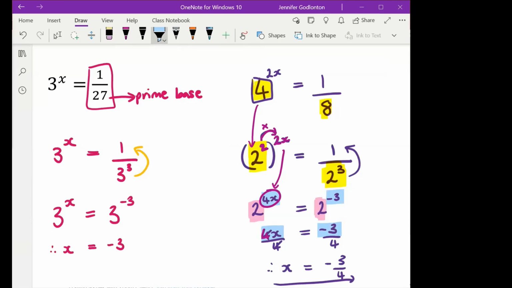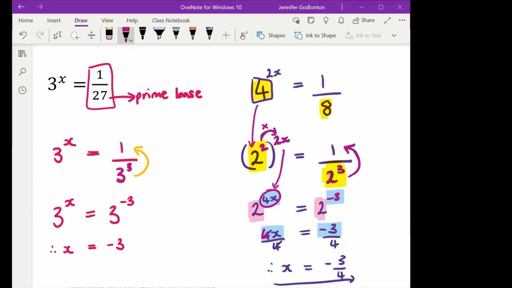Lebo Gang, how can I help? How did you get -3? So that -3 came because I had this 2 to the power of 3, but it was at the bottom of my fraction. And when we move it to the top of our fraction, then that power becomes a negative. So that's the same thing as what happened on this left-hand side.